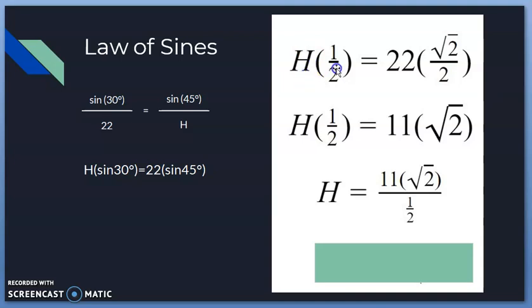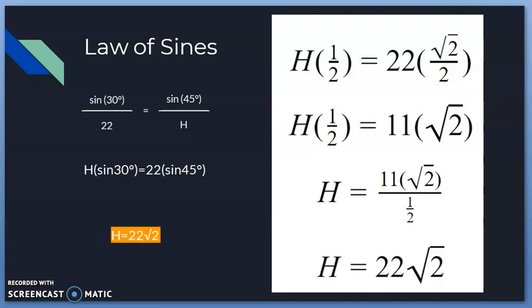We'll have h times 1/2 equals 22 times root 2 over 2. If we simplify this, we'll just have h times 1/2 equals 11 times root 2. We'll divide both sides by 1/2 to isolate h, and this gets us h equals 22 root 2 as its side length. Again, we could find a decimal, but it's really not necessary in this case.